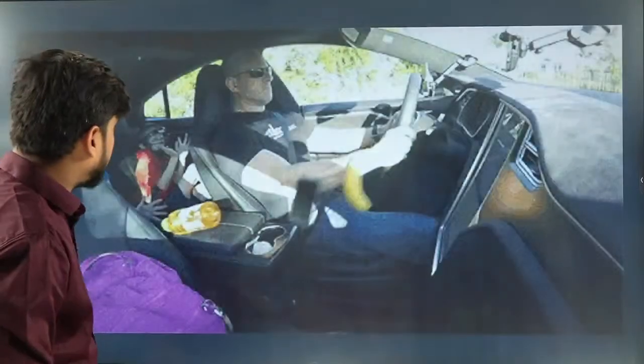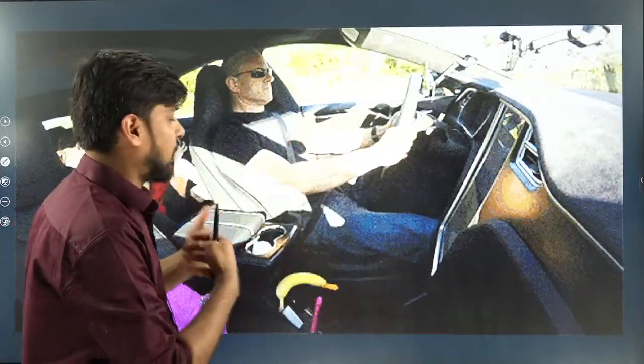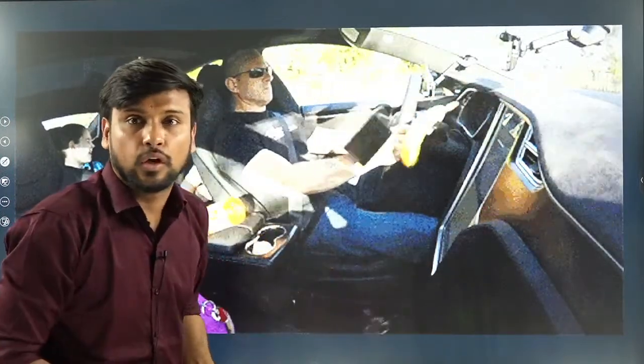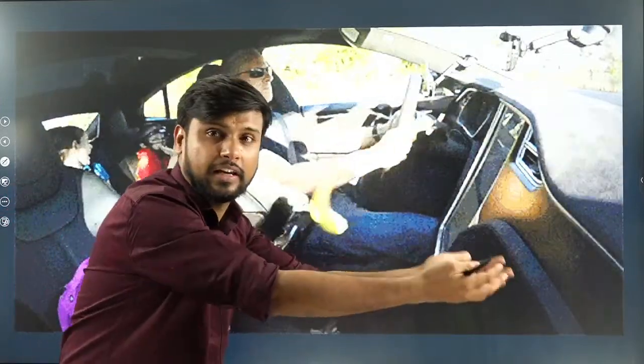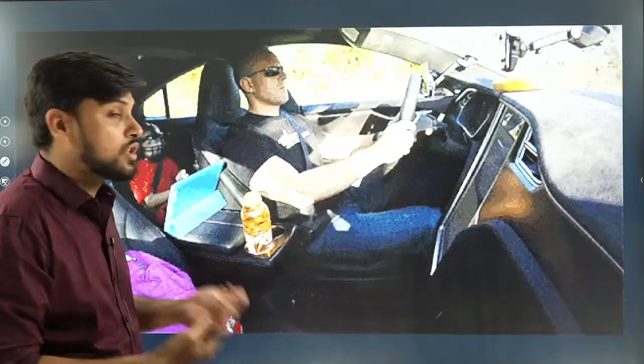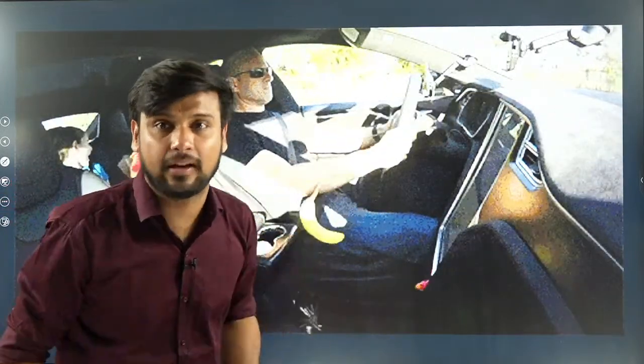Next one. This is a very basic one. All of a sudden when a car or a bus moves, you fall back, or anything kept in front also falls back. So again the question is, why are these things falling back?